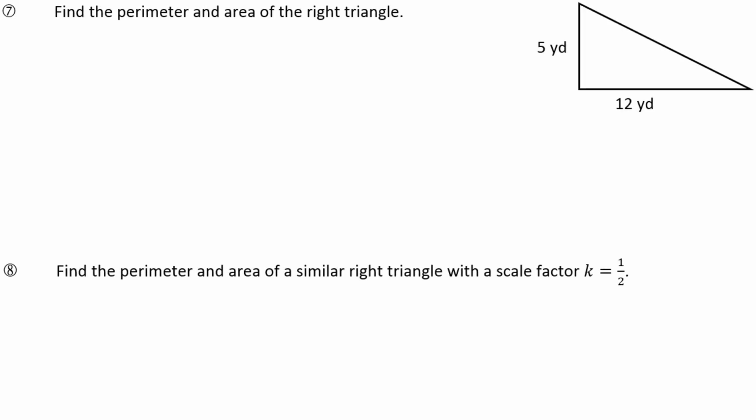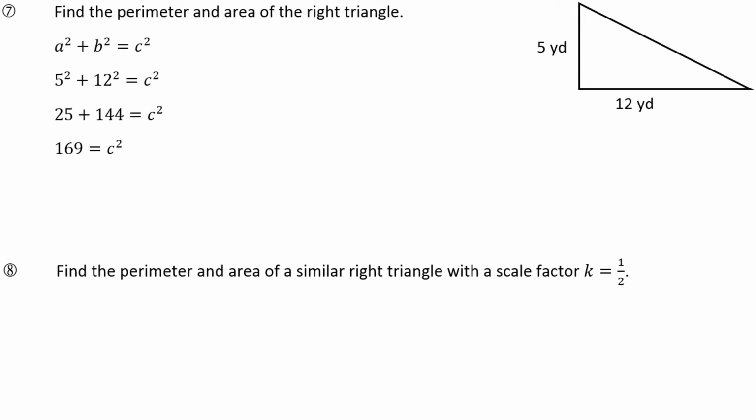Okay, find the perimeter and area of the right triangle. Since we're told it's the right triangle, we'll just assume that the corner that looks like it's 90 degrees is 90 degrees, which means we are missing the hypotenuse. So I can use the Pythagorean theorem to find the hypotenuse. 169, boy, that seems way too large.